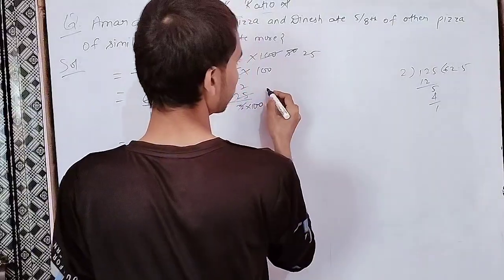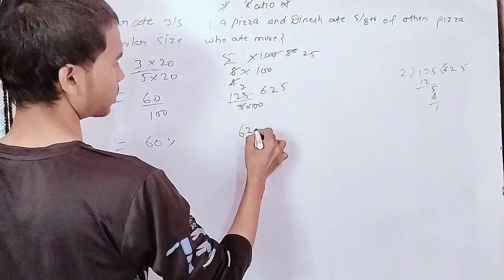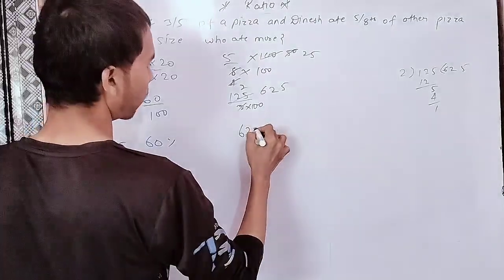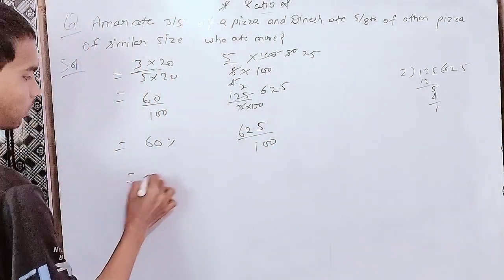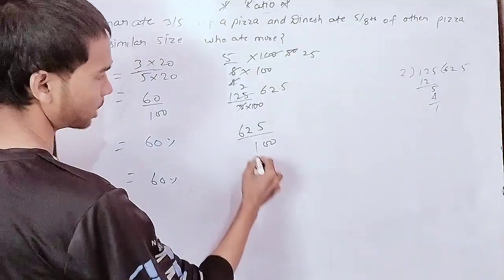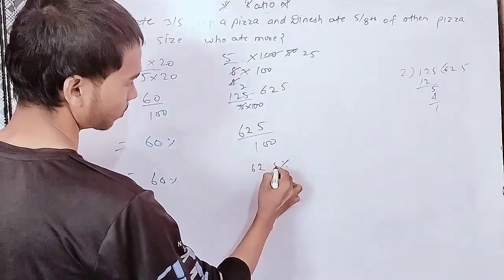Now this is how much? 62.5 upon 100. And this can be written like that.